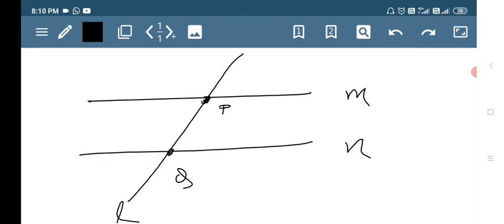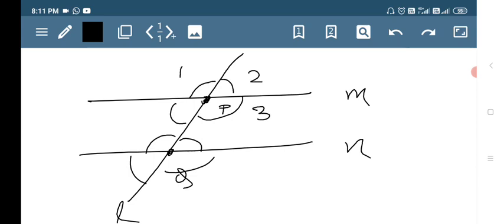So dear students, with this transversal intersecting the lines M and N, you can see that many angles have been formed. Isn't it? So if we name these as angles 1, 2, 3, 4, 5, 6, 7 and 8, different types of angles are formed.